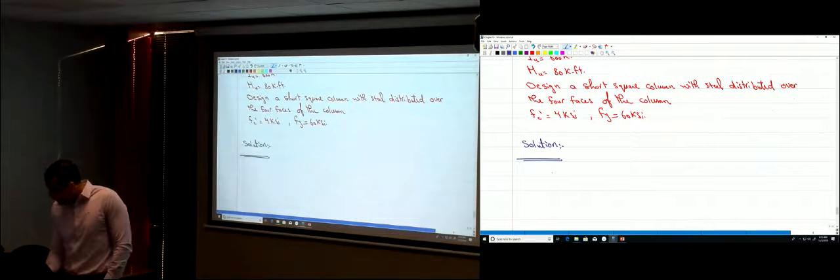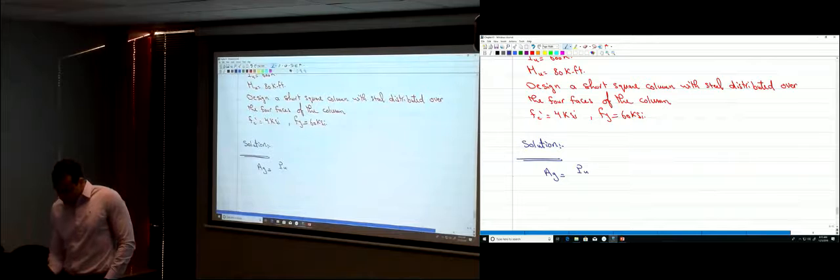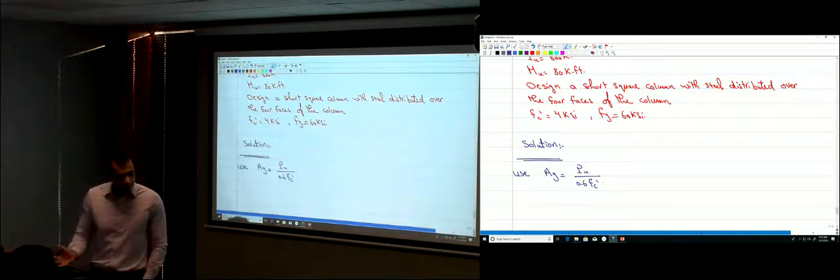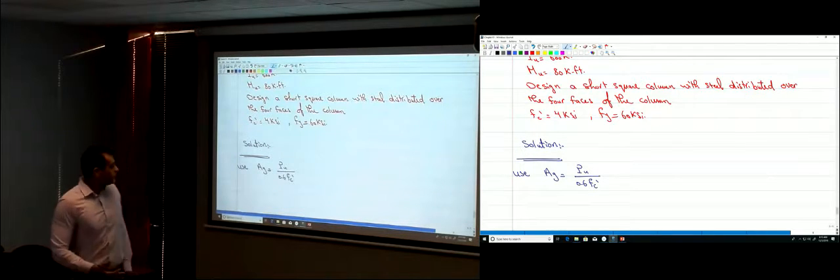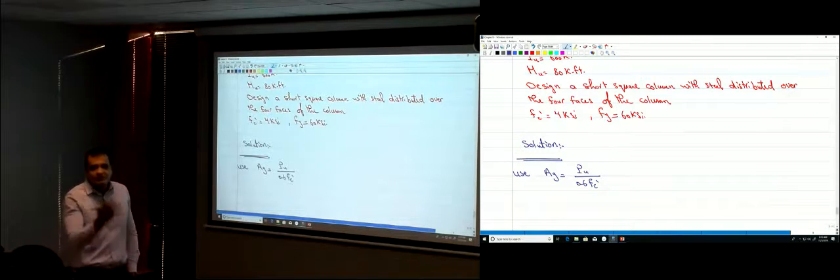So here, we're going to find some dimensions, area gross of the column, just equal to the compression force, P ultimate, divided by some average stress of 0.6 Fc prime. This is not an equation. Why 0.6 Fc prime? I have just a number. I can use 0.5 Fc prime.